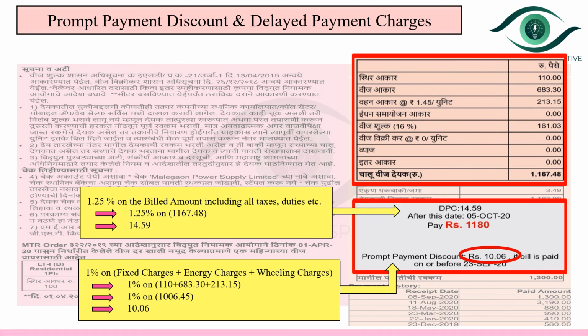That is the Chalu Veej Deyak, 1167.48. So 1.25% on this amount will give you 14.59. This means if you do not pay the bill on or before the due date, you have to pay 14.59 rupees as the delayed payment charges.